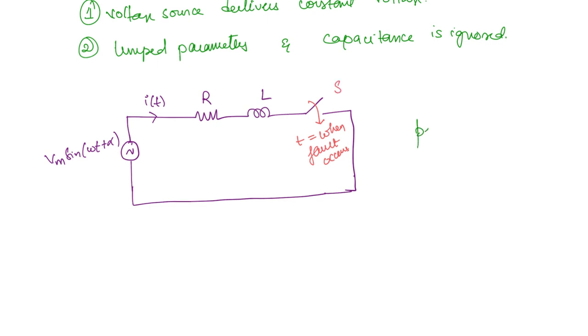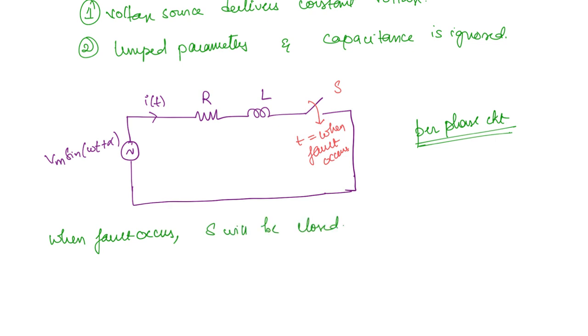Remember, this is the per phase circuit, and we are able to take per phase because we are discussing symmetrical faults. Now let us say the fault has occurred. When fault occurs, S will be closed.